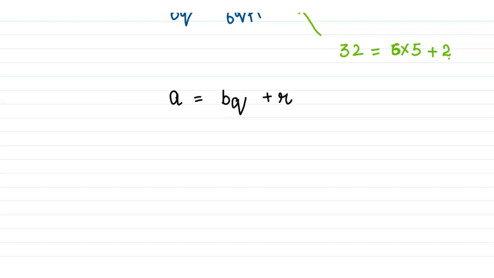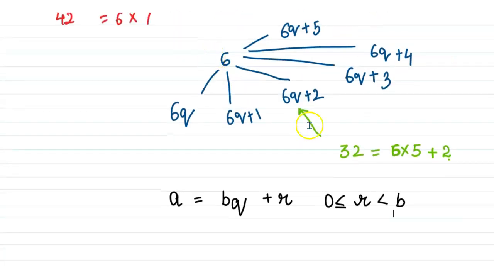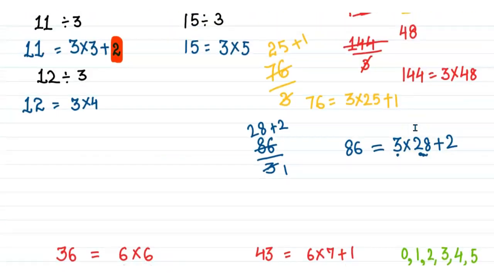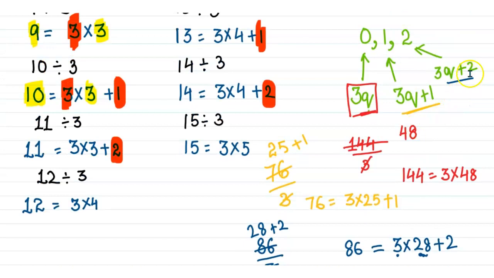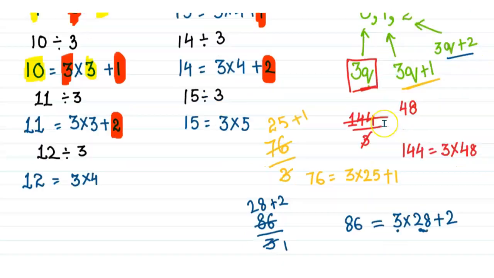Now the remainder should either be 0 or less than B. We have seen it: here it's either 0 or it lies between 0 and 5. It cannot be 6. Same way we saw with 3 also. We never got the remainder equal to the divisor.